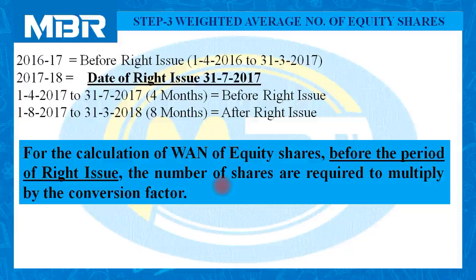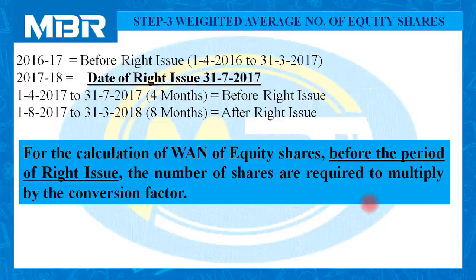For the calculation of weighted average number of equity shares before the period of right issue, the number of shares are required to be multiplied by the conversion factor. So not only the element of time, but also the element of conversion factor plays an important role in the calculation of weighted average number of equity shares.